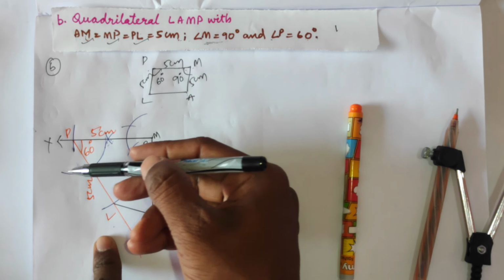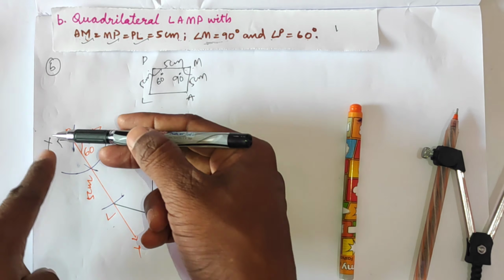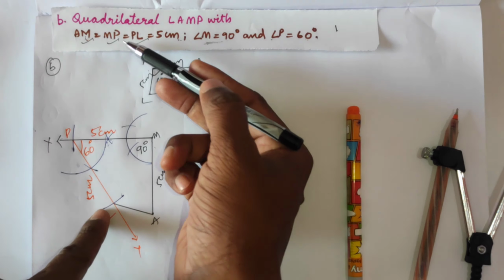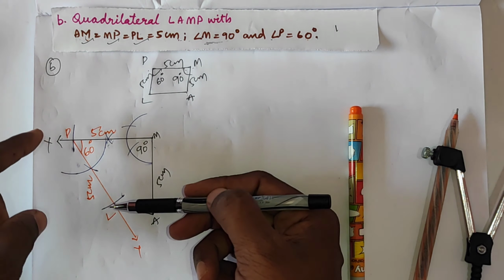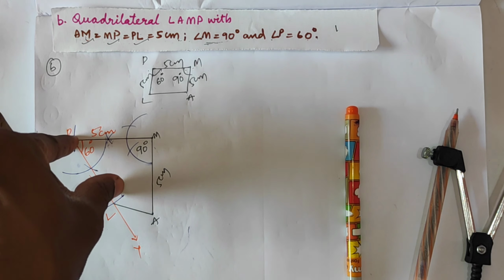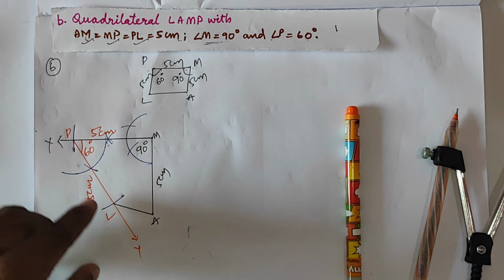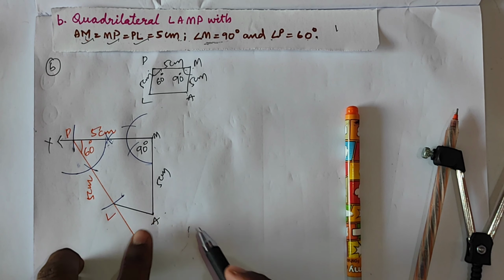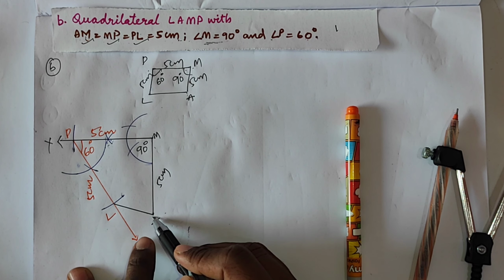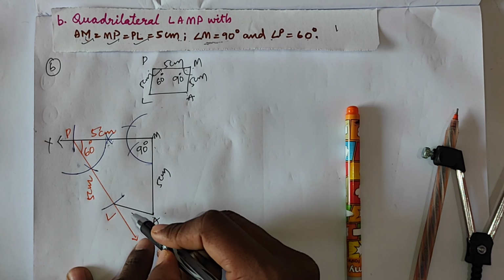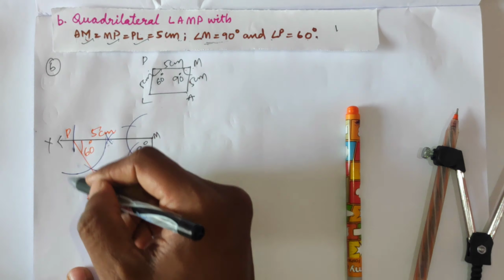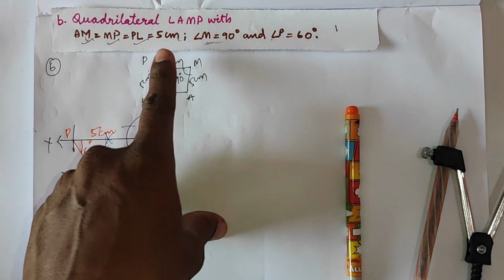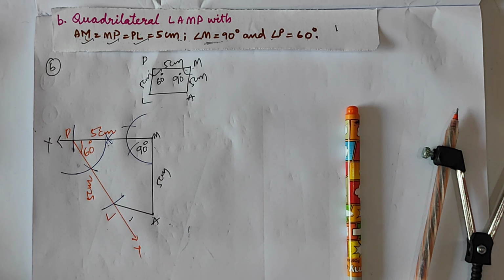Again considering an arc and cutting the arc, we got 60 degrees directly. We are extending it as PY, which is a ray. And the given PL length is 5 centimeters. Considering 5 centimeters, with P as a center, I am cutting that ray. We got the intersecting point L, and this is 5 centimeters. To complete this construction, we are joining L to A. No need to measure this one because we already completed our given dimensions. So with this, our required quadrilateral LAMP is completed.